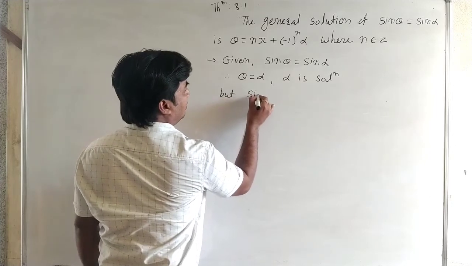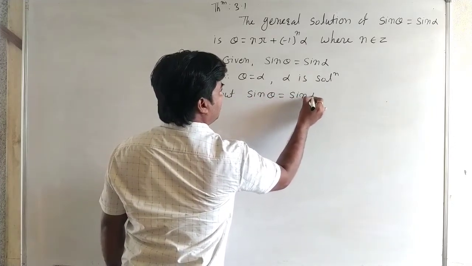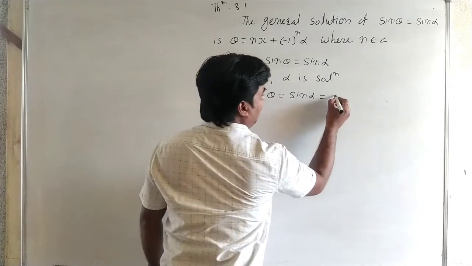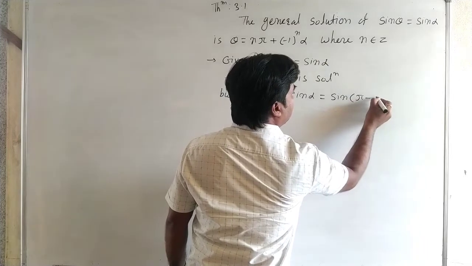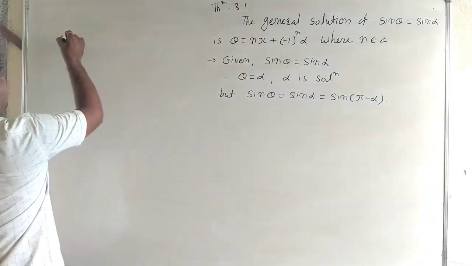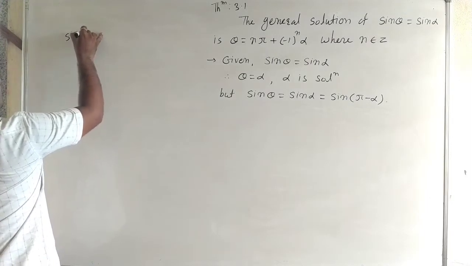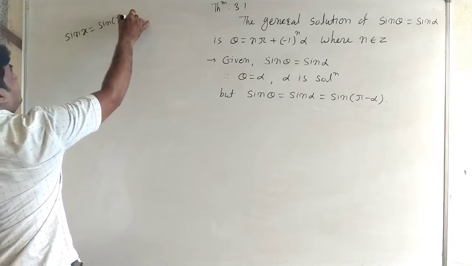Okay, but here we know that sin theta is equal to sin alpha, and then sin alpha is equal to sin pi minus alpha by using the allied angle formula. The allied angle formula is sin x is equal to sin pi minus x.